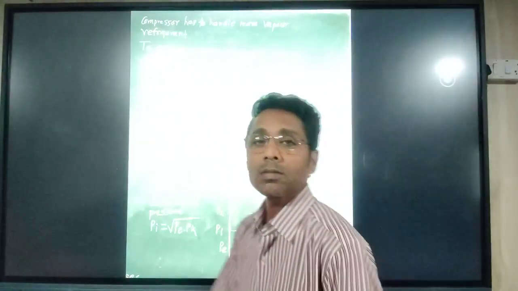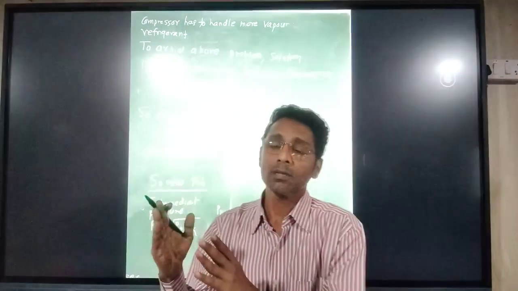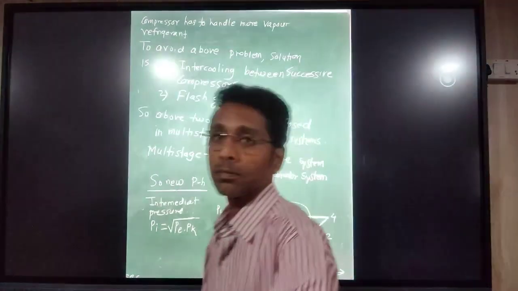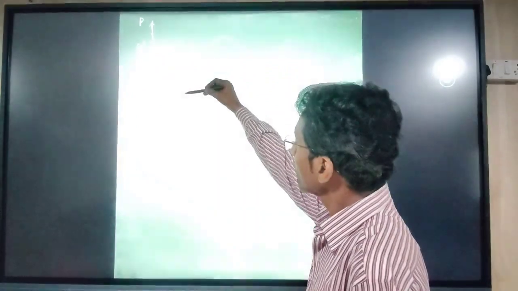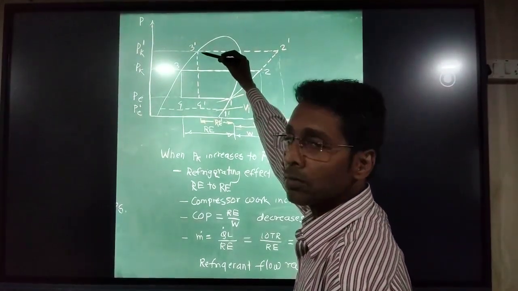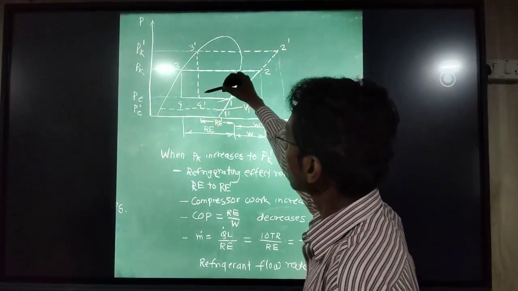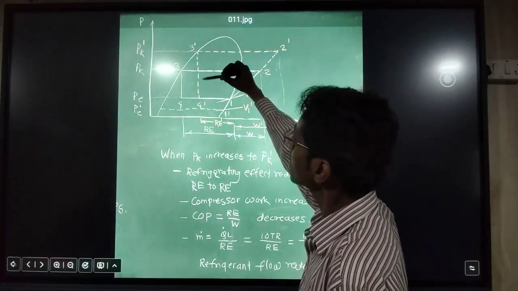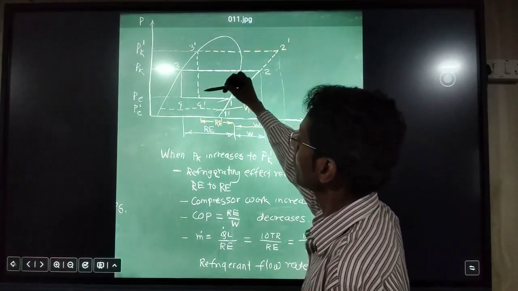Now the second concept, which relates to the left side of the pH diagram that we saw here. If we go for a high pressure ratio, this dashed line has more flashing effect. See here, 3 to 4 is the regular one, and 3 dash 4 dash is the other.